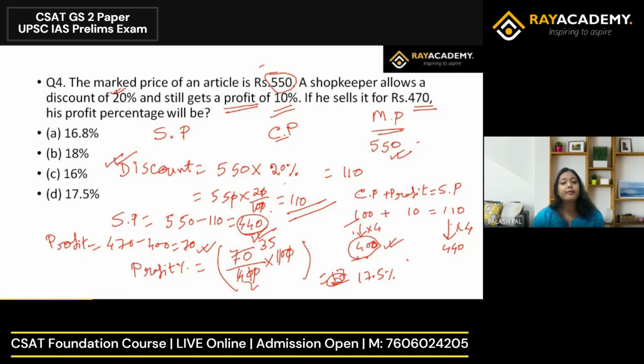Whatever profit or loss is calculated only over the CP. So 70 by 400 into 100, and you will get 17.5%, and your answer is option D. Now it is clear? Yes, very good. Okay, next question.